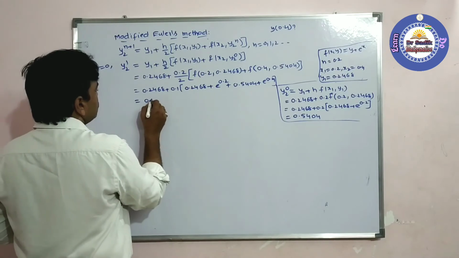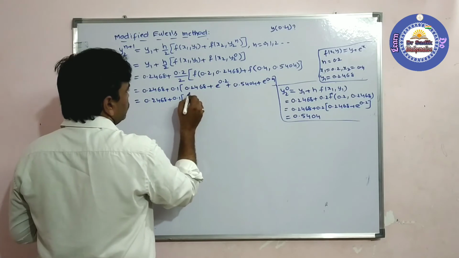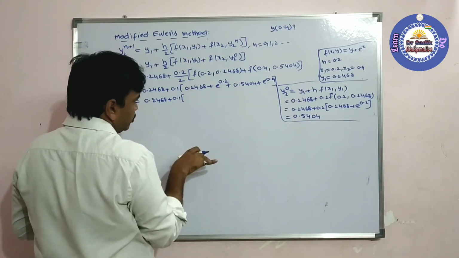That is equal to 0.2468 plus 0.1 into, I want to calculate up to here, because this value is fixed, it will continue.